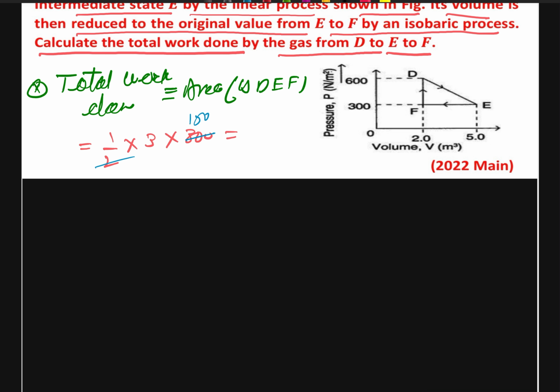So from here we get this will be equal to 450 joules. So work done is equal to 450 joules.